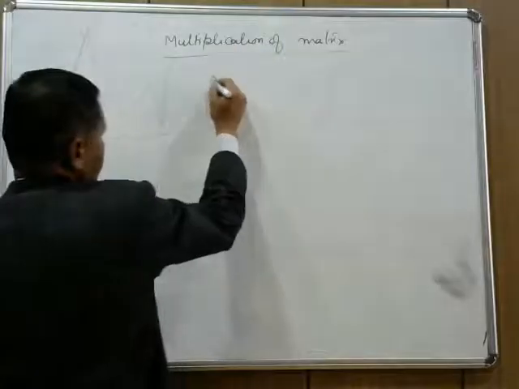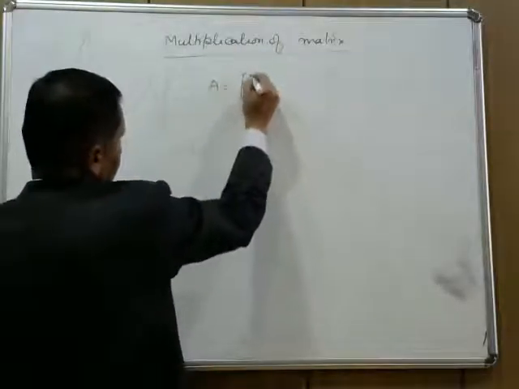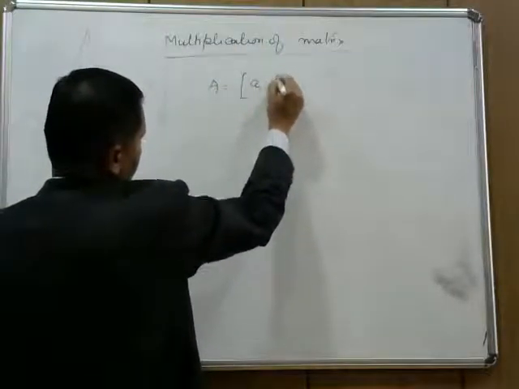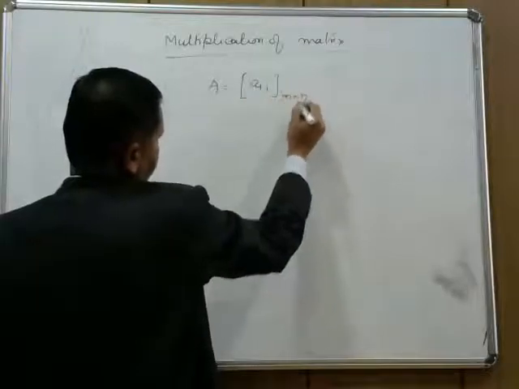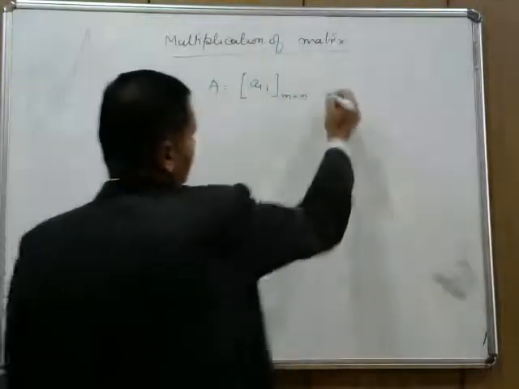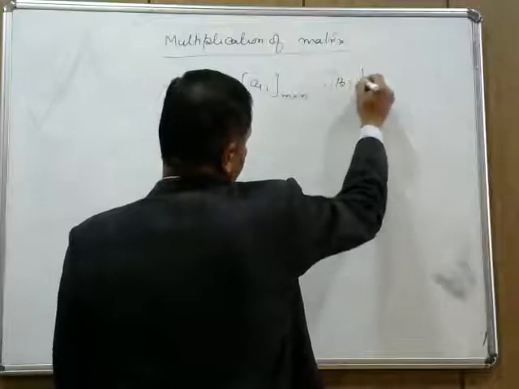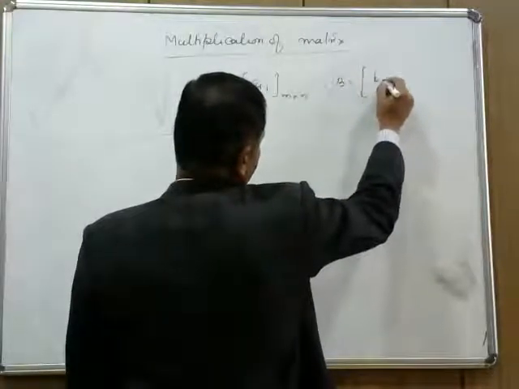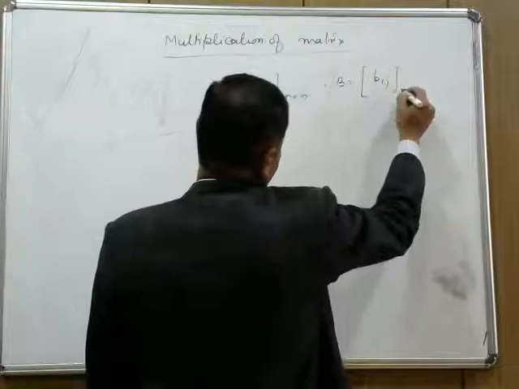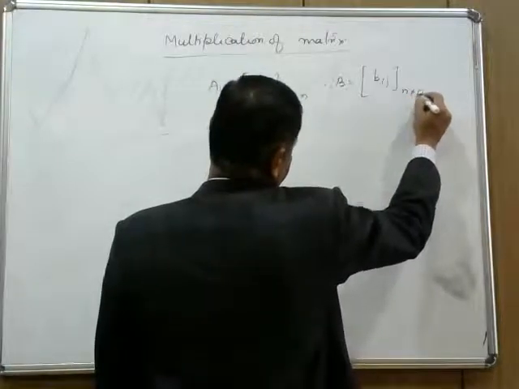See, let A be a matrix of order m by n, and B a matrix of order n by p.